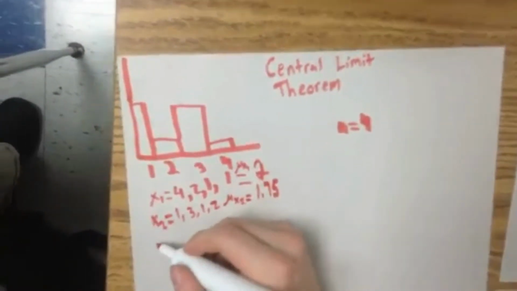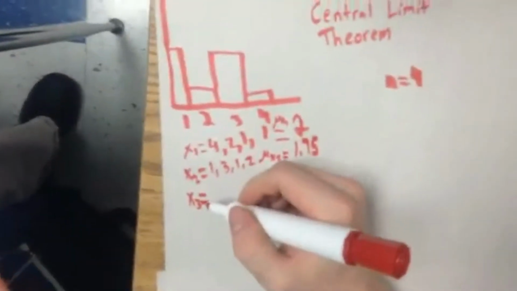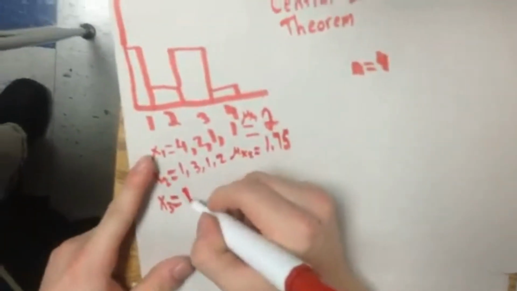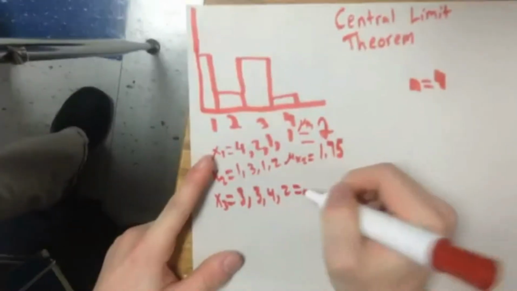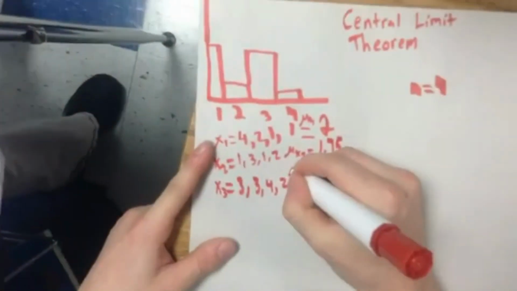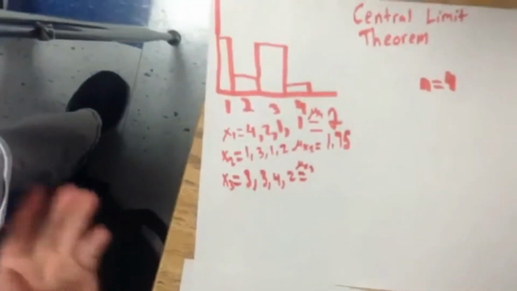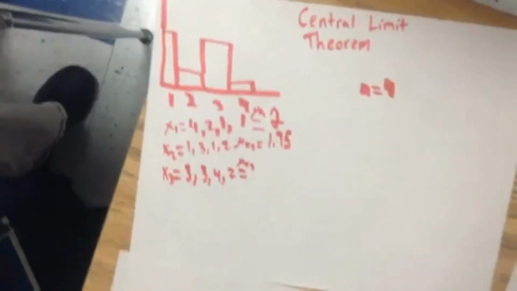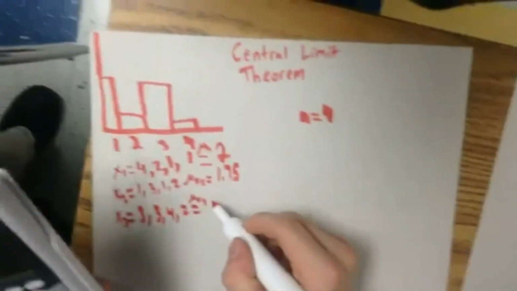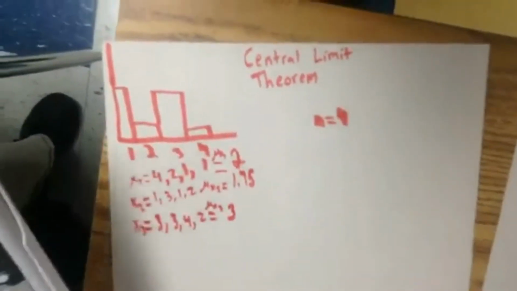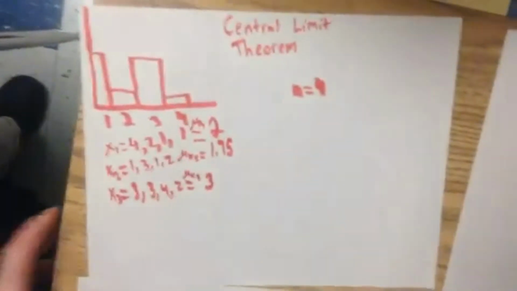Another sample: 3, 3, 4, 2. Don't know, just making up numbers. Equal 3 plus 3 plus 4 plus 2, divided by 4, comes out to be a mean of 3. And what? Shaky camera, that's fine.